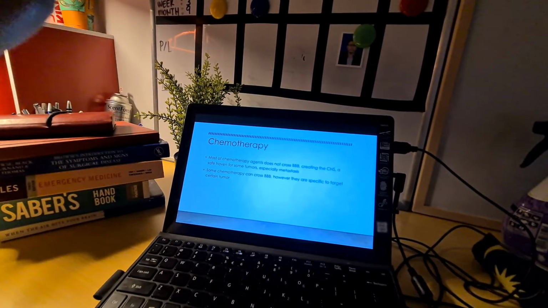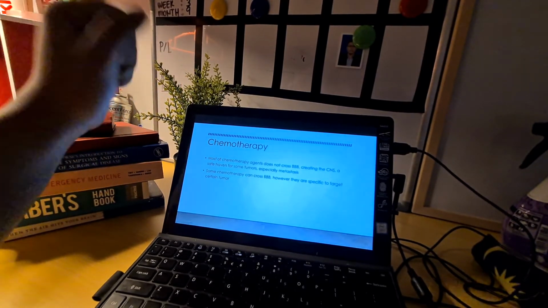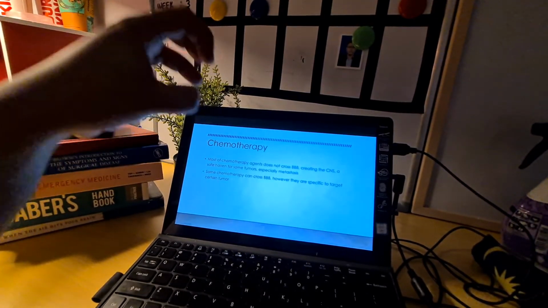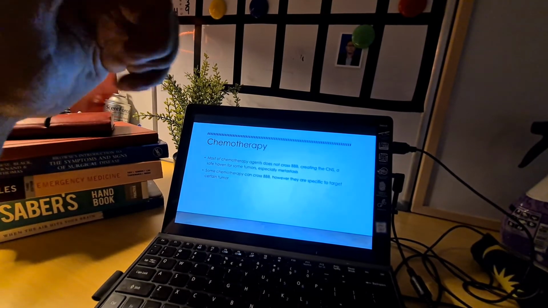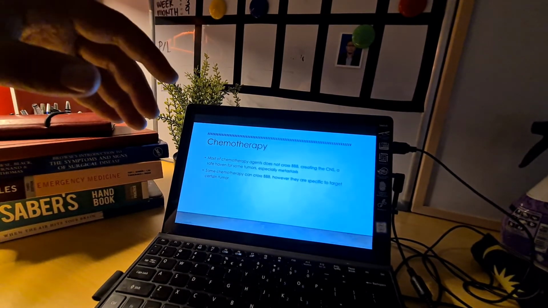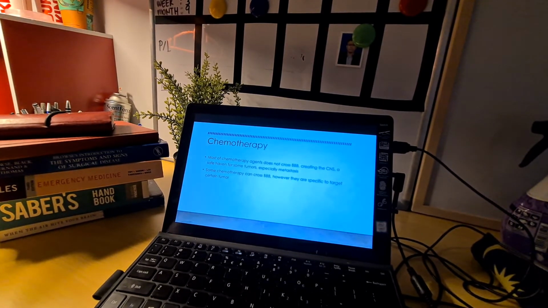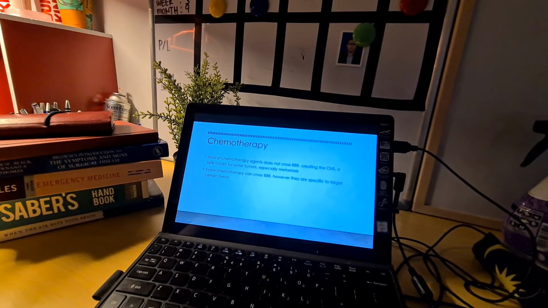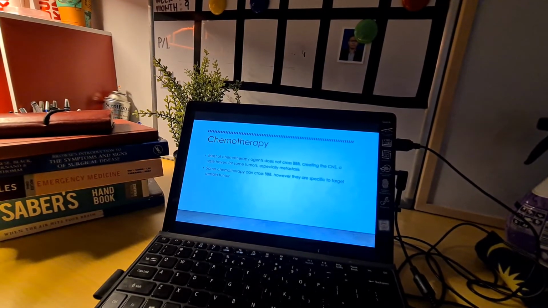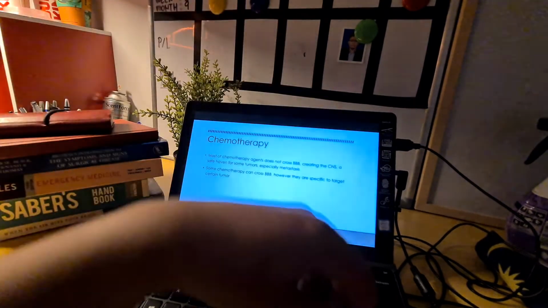One function of chemotherapy is to shrink the metastatic tumor, but the brain has the blood-brain barrier, which most chemotherapy cannot cross. Some can cross, however they are specific to target a certain tumor.